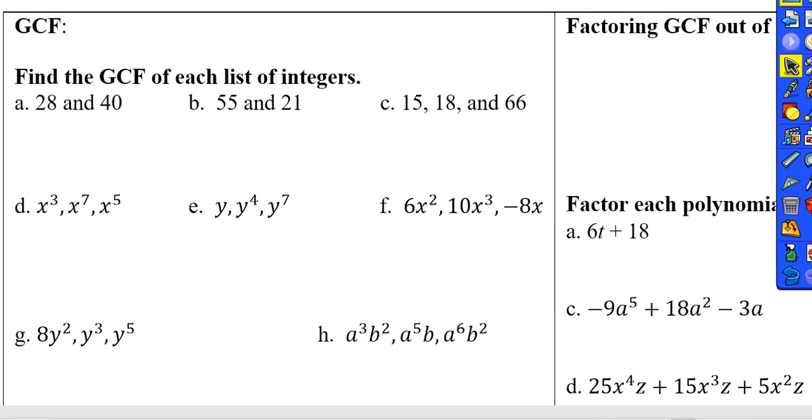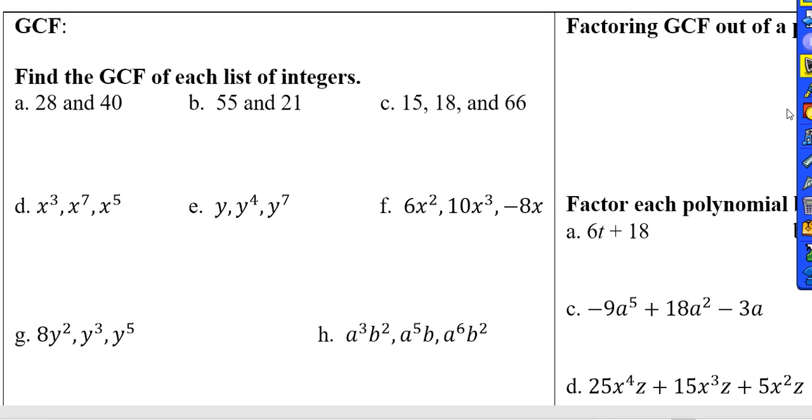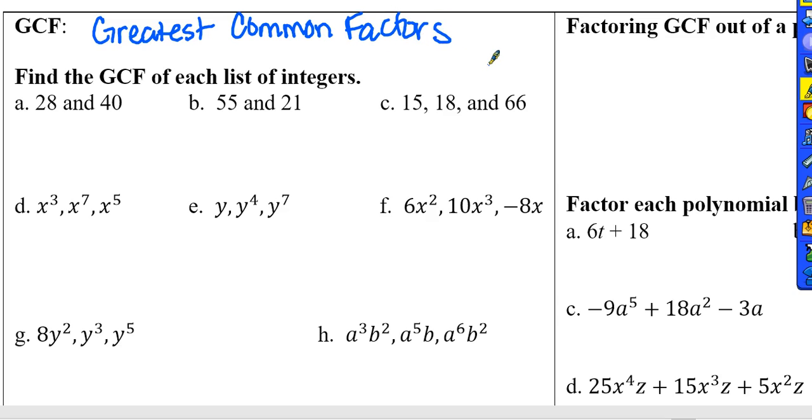Okay, so we're going to start here with GCF. Definition. I don't want to give you a definition. You should know the definition of GCF. But what does GCF stand for? Greatest common factor. And what are factors?